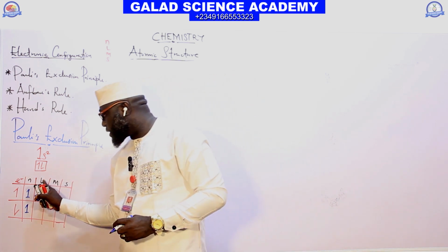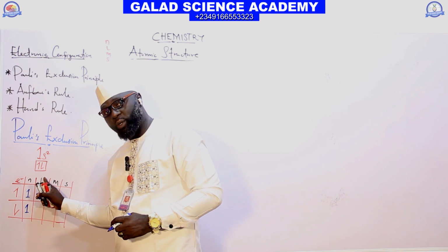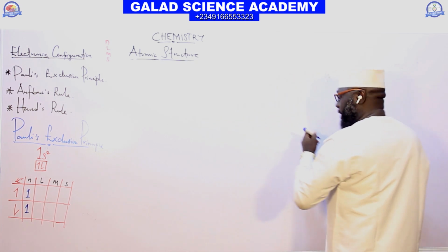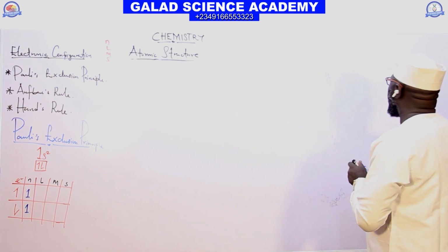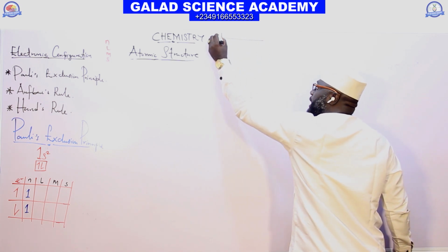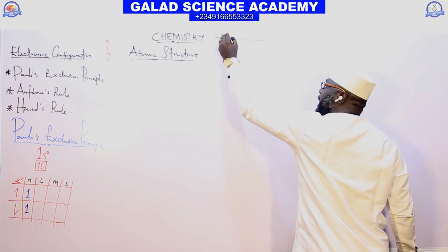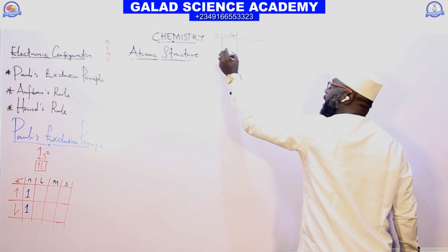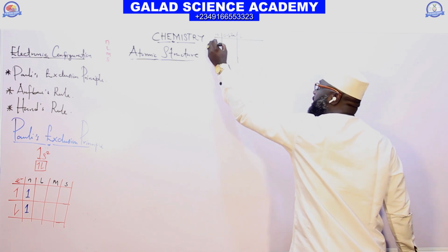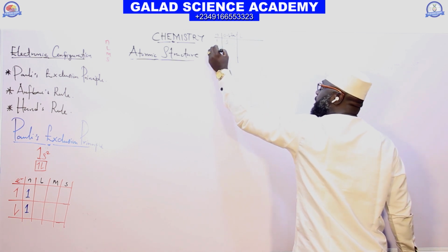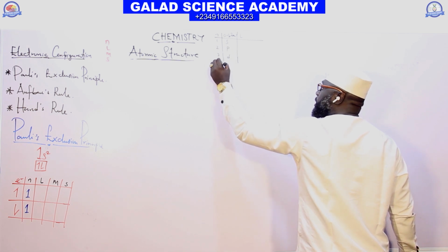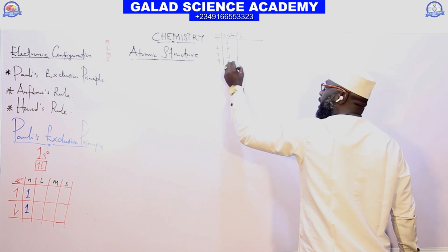But for this azimuthal, our L, if you check the table I gave you that time, let me draw the table here because we use it throughout. I said N for the orbital, and we have L. This N is 1 for s, 2 for p, 3 for d, 4 for f.